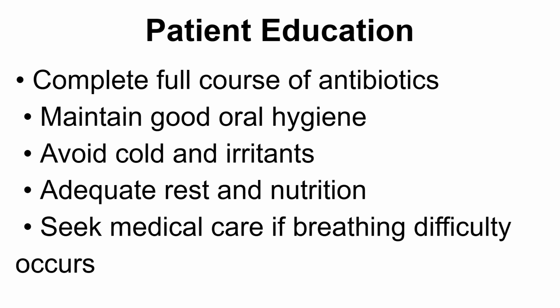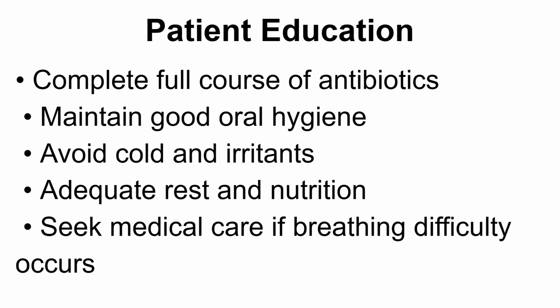Tonsillitis and adenoiditis are common infections of lymphoid tissue in the throat and nasopharynx. Exam tip: tonsillitis refers to inflammation of the palatine tonsils, whereas adenoiditis refers to inflammation of adenoid tissue. Recurrent infections may require surgical management such as tonsillectomy and adenoidectomy.